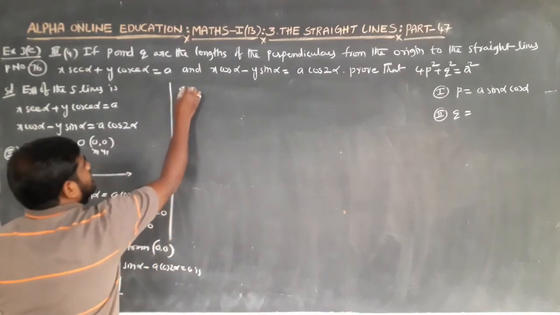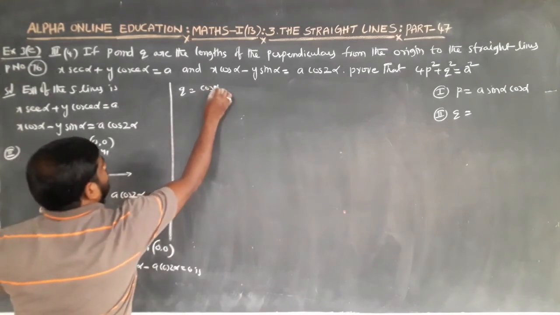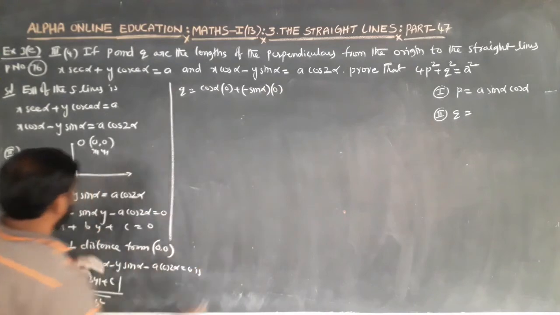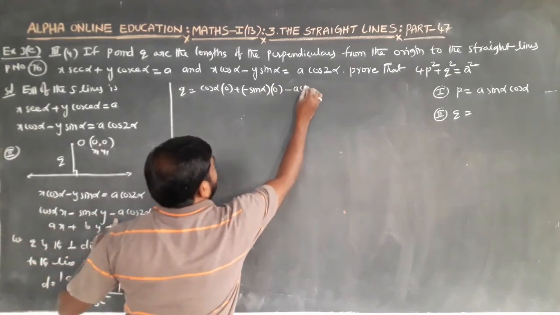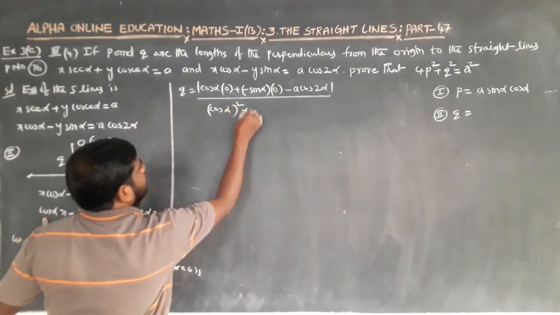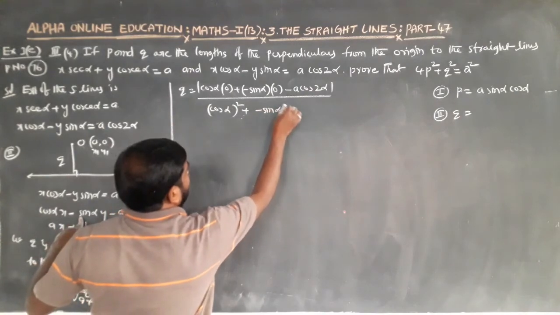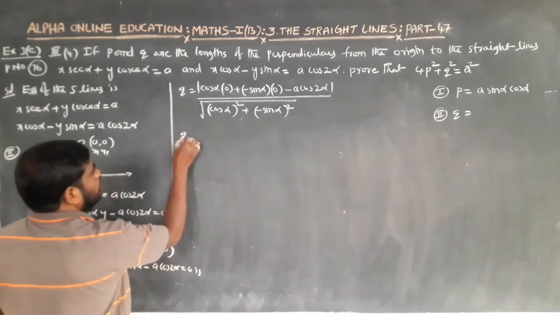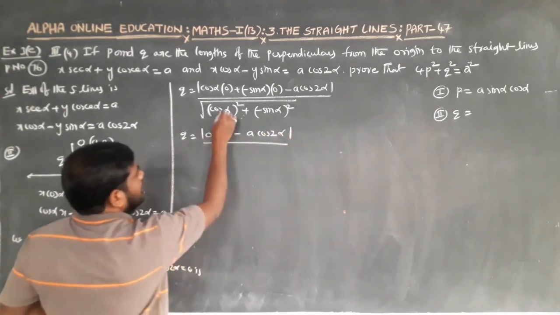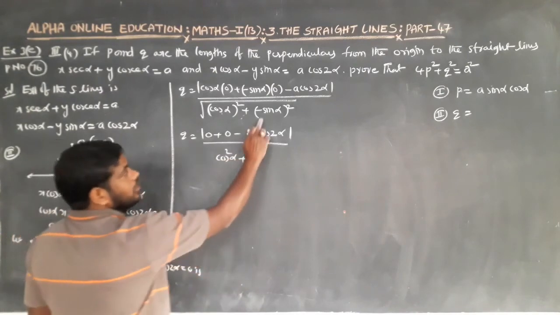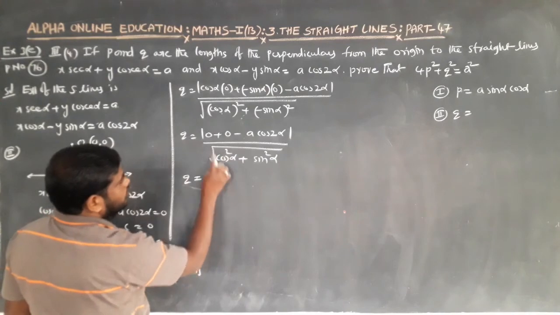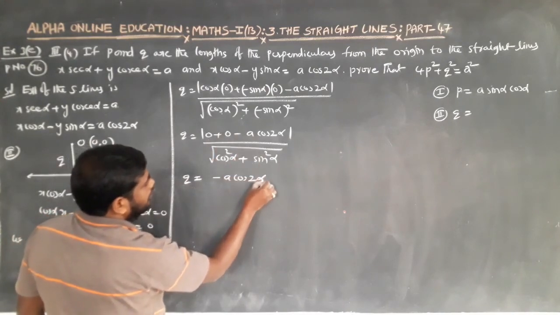Here q is cos alpha into 0 plus minus sin alpha into 0 plus minus a cos 2 alpha, whole divided by the square root of cos square alpha plus sin square alpha. So q equals the modulus of 0 plus 0 minus a cos 2 alpha over the square root of cos square alpha plus sin square alpha.